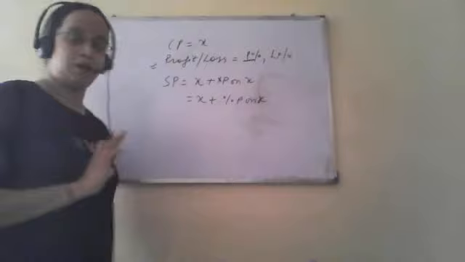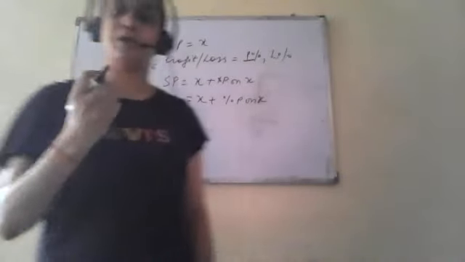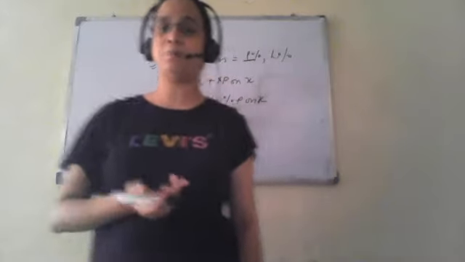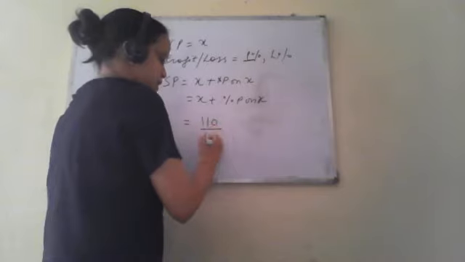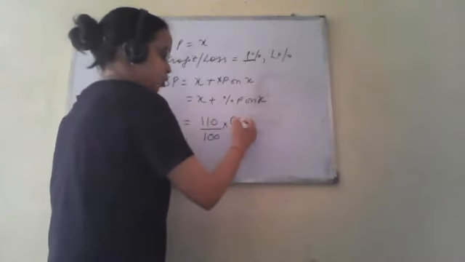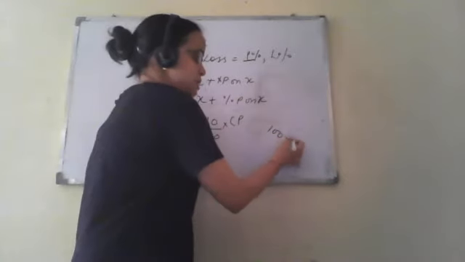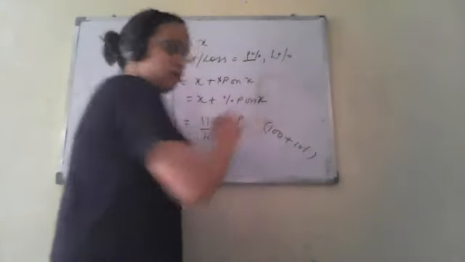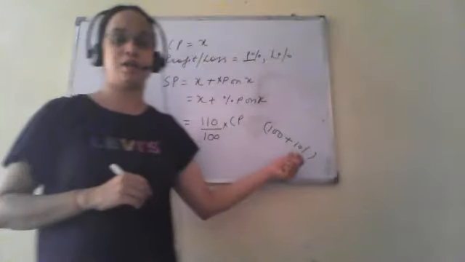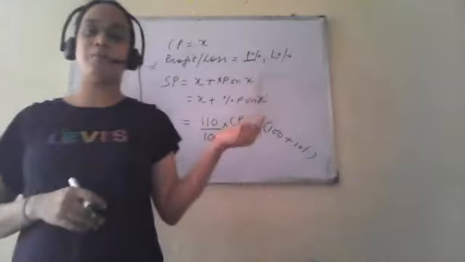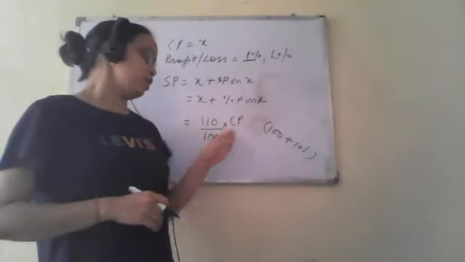You can calculate it directly. If there is a profit of, say, 10%, in case of profit you directly calculate 110 upon 100 into cost price. This 110 is 100 plus 10% profit. If the profit would have been 20%, this value will be 100 plus 20, that is 120. If the profit would have been 30%, this value will be 130 upon 100 into cost price.